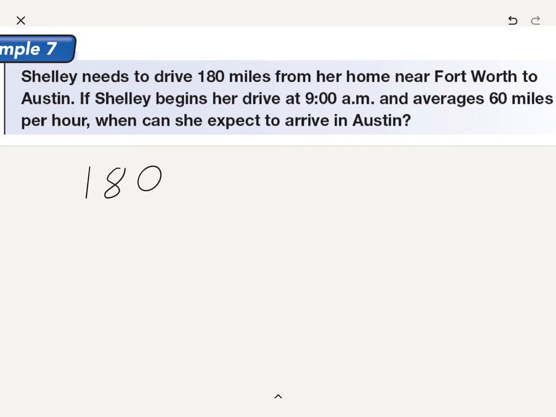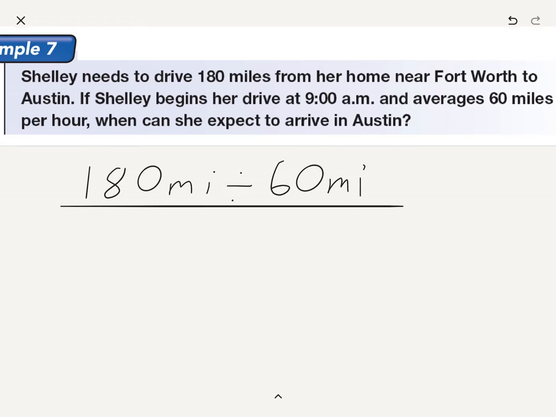So kind of thinking of it as 180 miles divided by 60 miles, and then our unit here is an hour. So another way we could look at that is, now I'm actually going to make space.